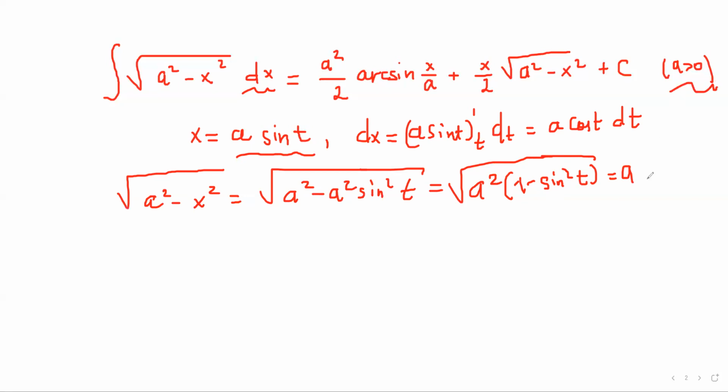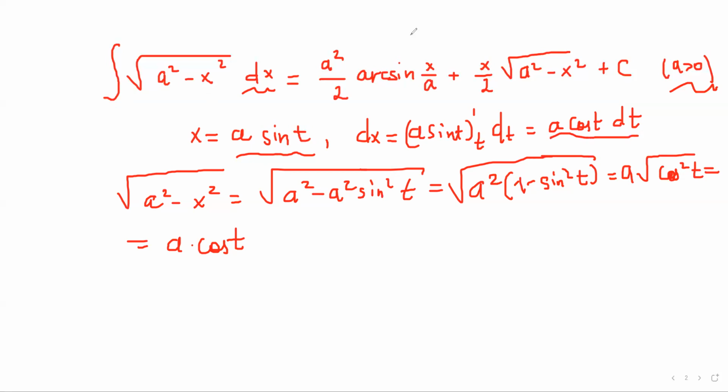A is given positively here. So we get a times the root of cosine squared t, which is obviously a times cosine t. So we have such a simplification here, and dx gives us a cosine t dt again.